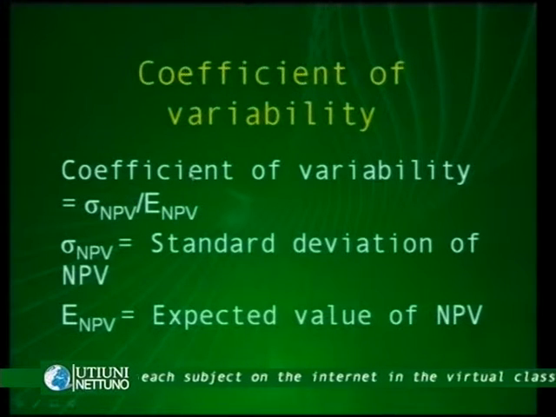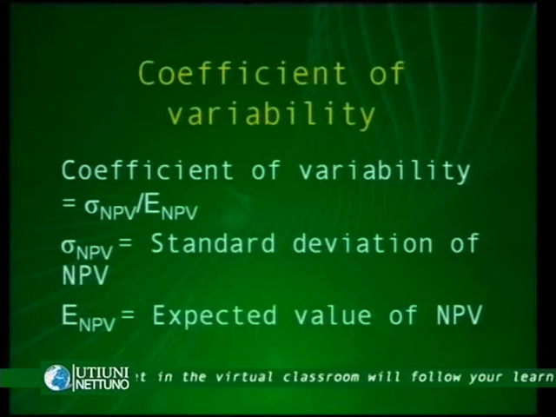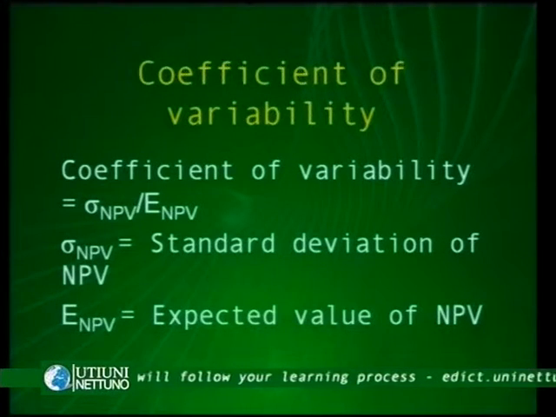The reason for dividing the standard deviation by the expected value of the NPV is that the standard deviation could be affected by the expected value of the NPV, in the sense that the higher the expected value of the NPV, the higher the standard deviation, independently of how dispersed the distribution of the NPV is.